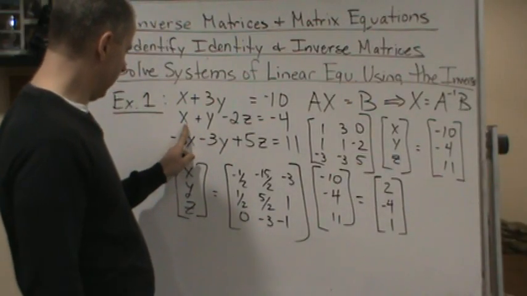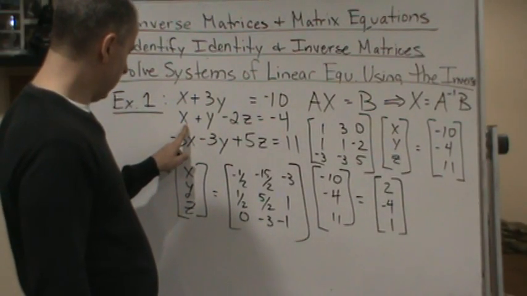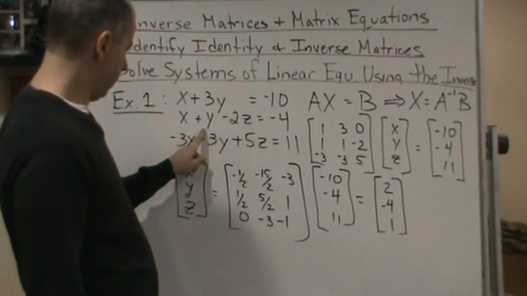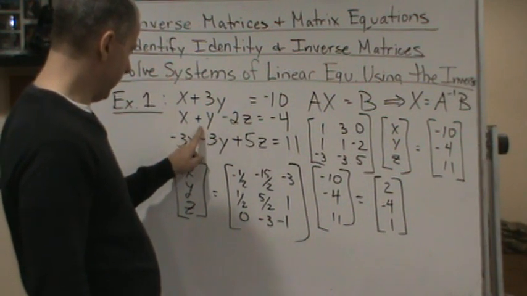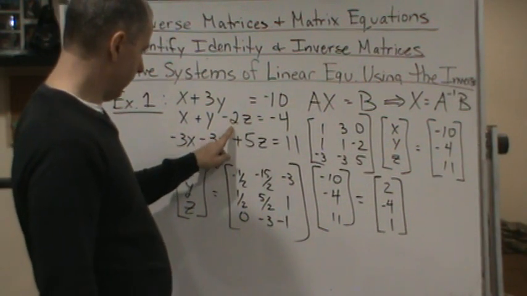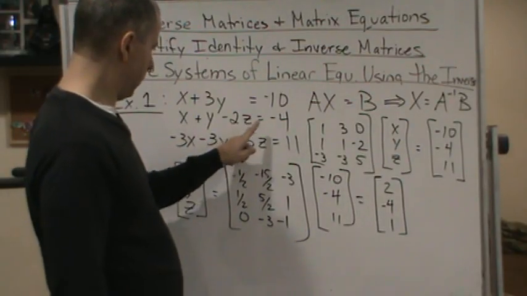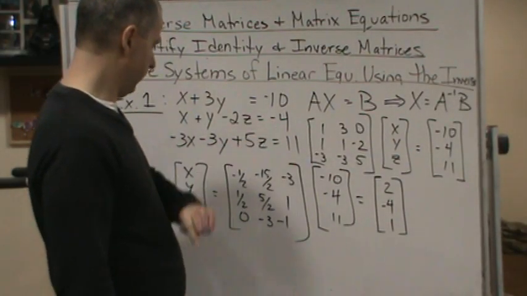So this would be 2 plus negative 4, which is negative 2, and then this would be negative 2, so that'd be negative 4. Good.